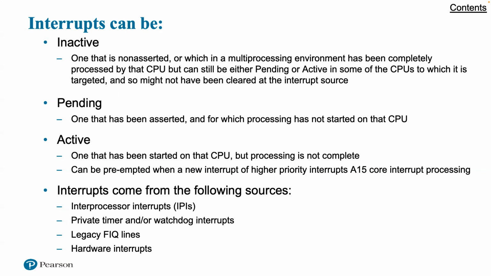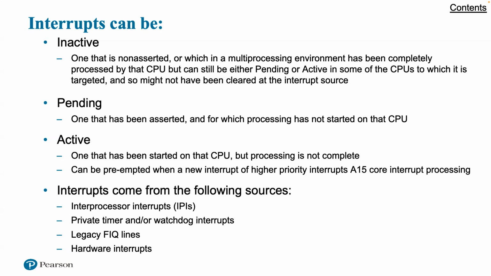A pending interrupt is one that has been asserted and for which the processing has not started on that CPU. Then there's active. An active interrupt is one that has been started on the CPU, but processing is not complete. An active interrupt can be preempted when a new interrupt of higher priority interrupts A15 core interrupt processing.